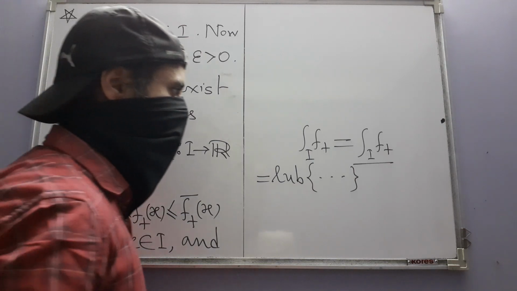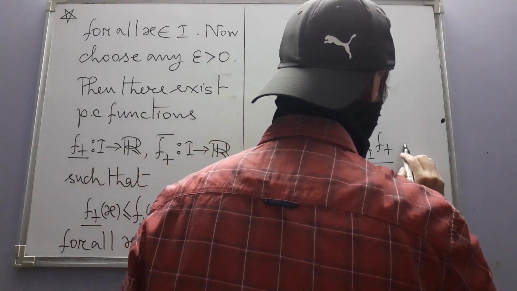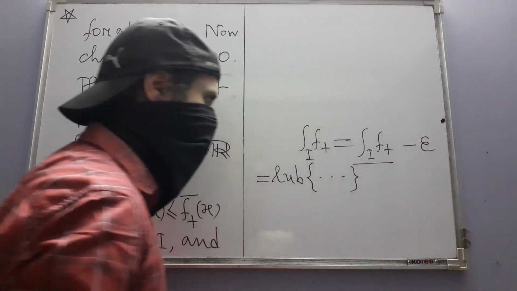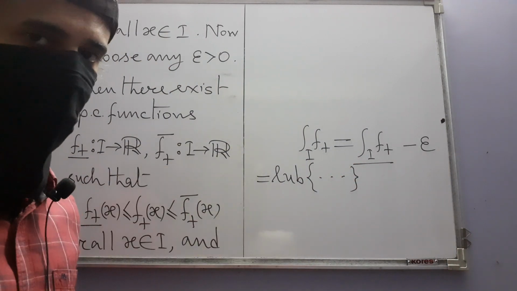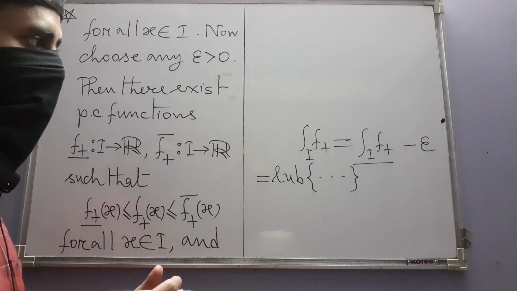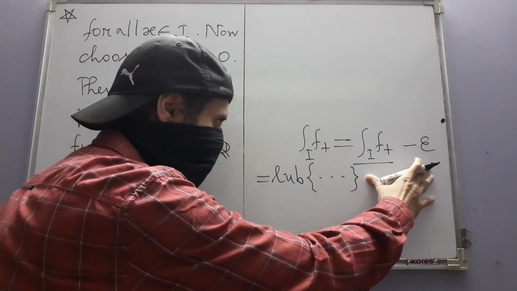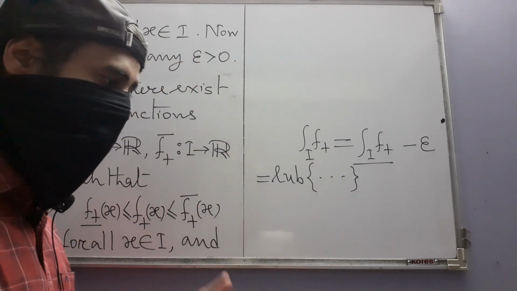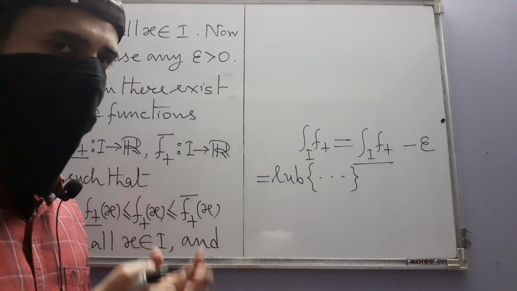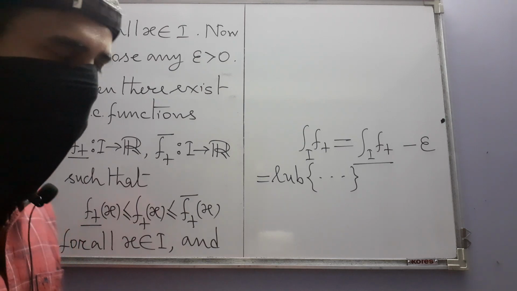Now, if you subtract epsilon from this, it will become even less. This quantity is less than even the least upper bound, so it can no longer be an upper bound.